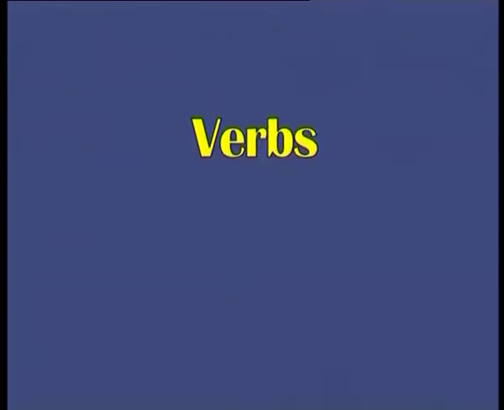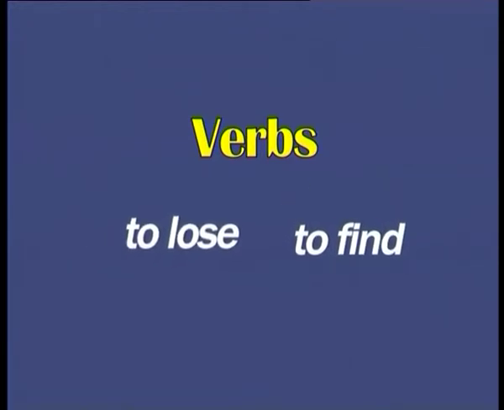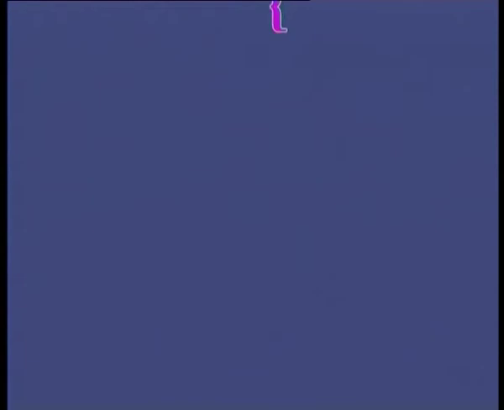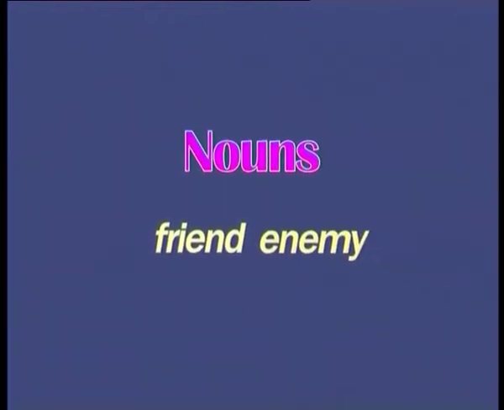Most antonyms are adjectives, which is quite natural because qualitative characteristics are easily compared and contrasted. Verbs take second place, as an example, to lose or to find. Nouns are not rich in antonyms, as in friend and enemy.